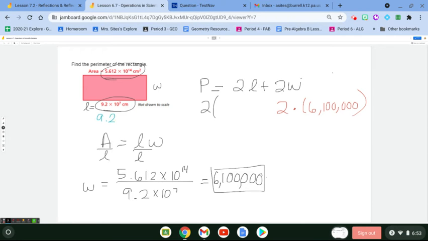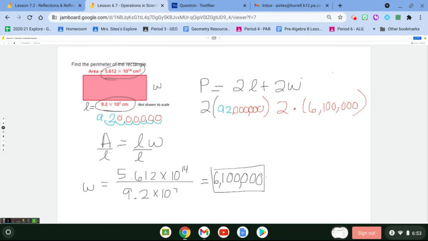So 1, 2, 3, 4, 5, 6, 7 zeros, or maybe not 7 zeros. I have to move my decimal point 7 times. 1, 2, 3, 4, 5, 6 zeros. So I'm going to put the 9.2 with the 6 zeros. 1, 2, 3, 4, 5, 6.